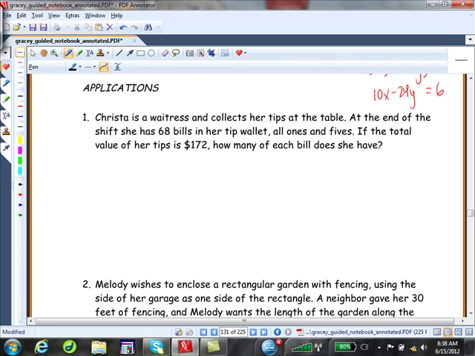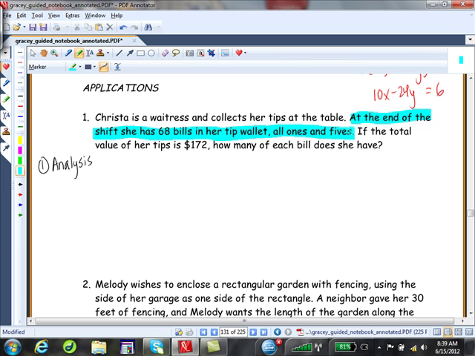All right, so remember we do our step-by-step process here. So first step, analysis. Okay, we need to name our variables. At the end of the shift, she has 68 bills in her tip wallet, all ones and fives.